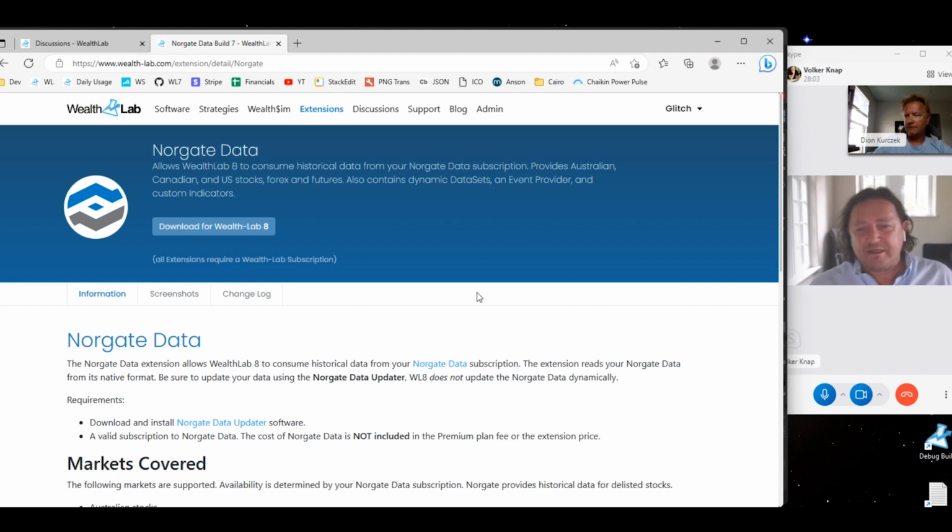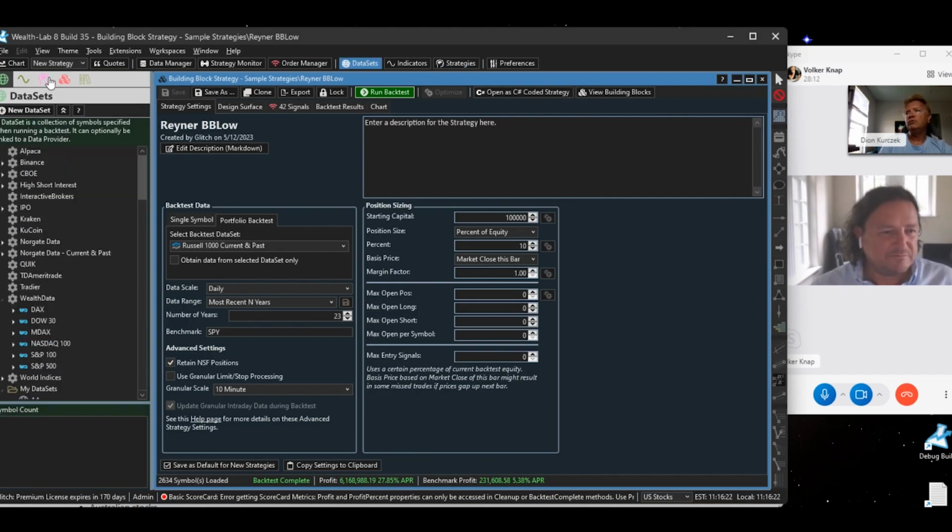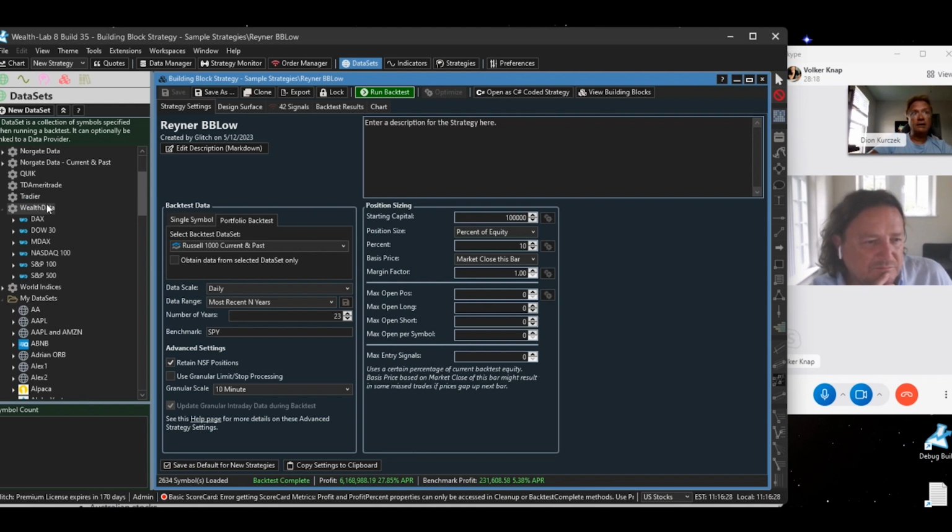You can also try the S&P 500 right away with Wealth Data, by the way. In Wealth Lab, we do give you some data sets that are survivorship bias free. They are in this Wealth Data folder right here. So you have a handful to start off with that already come with the product.